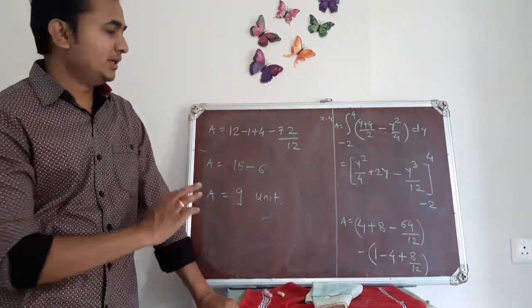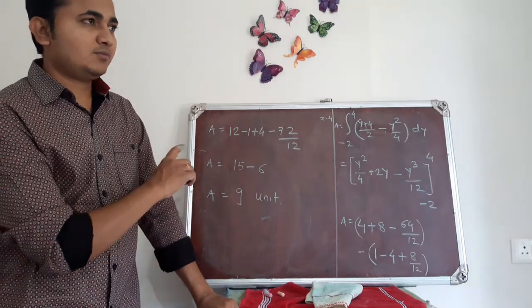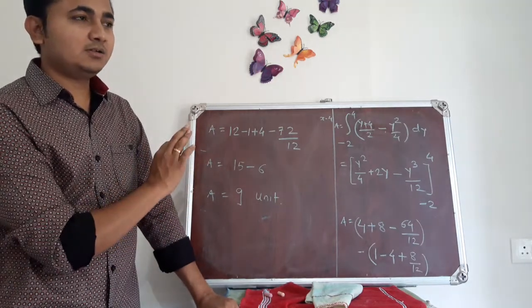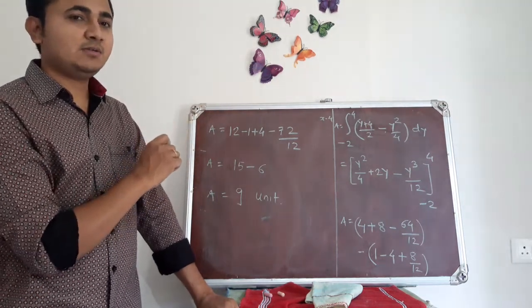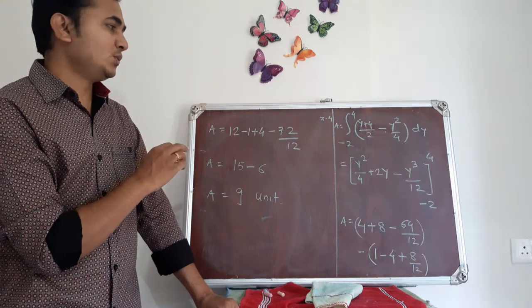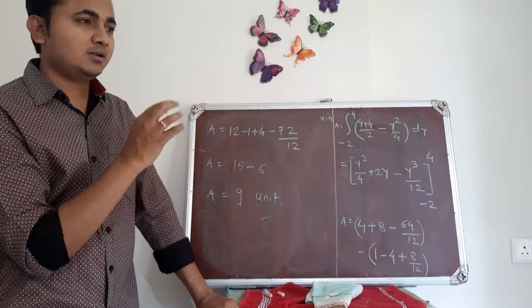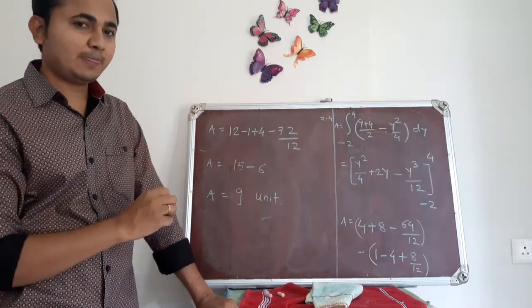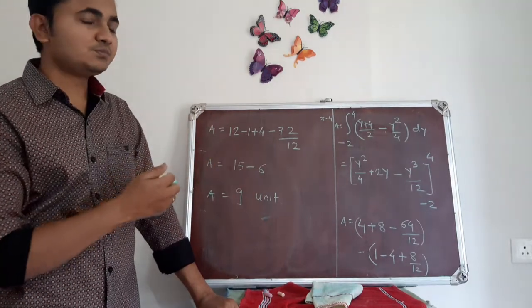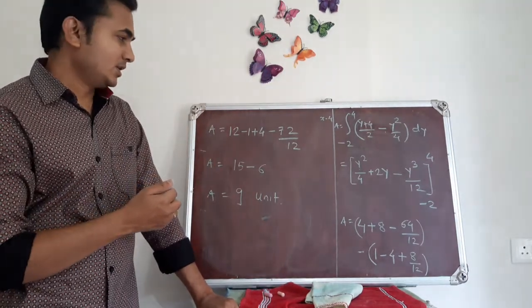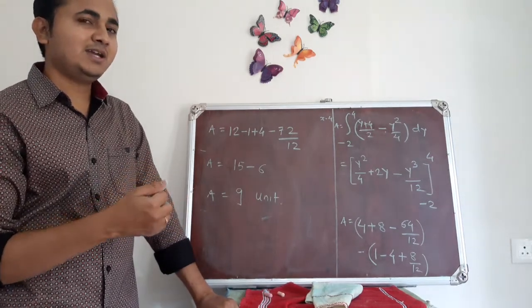I repeat what I did in this example. First of all, draw that bounded region, find out points of intersection, then check whether that region is divided into two parts or is there a single region. Accordingly decide your strip. So here I have considered horizontal strip, and once you consider horizontal strip, you will have to write limits for x.